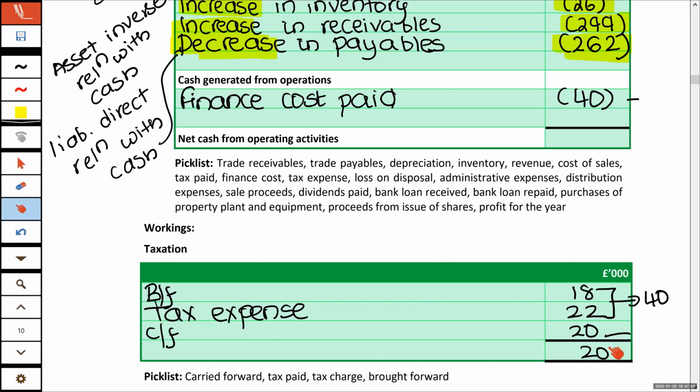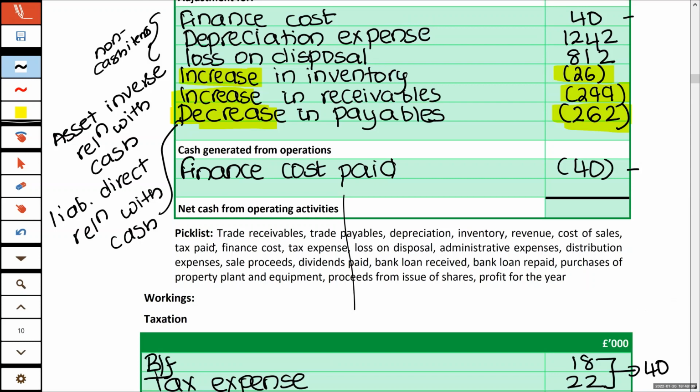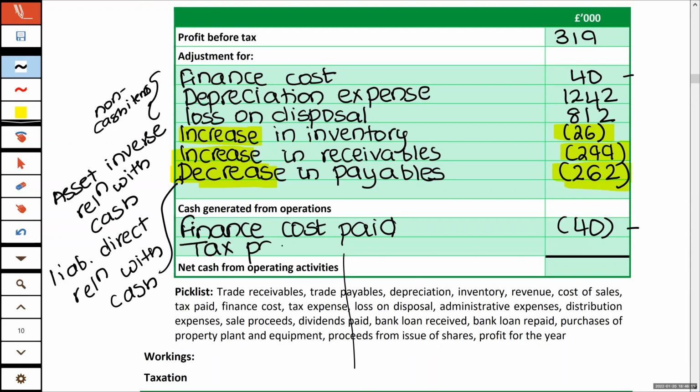So that means you must have paid. It has reduced because you must have paid it. So that's your tax paid. Spot on, everyone. And that tax paid is what will go here. So finance cost paid and tax paid are the two figures that will always come here.